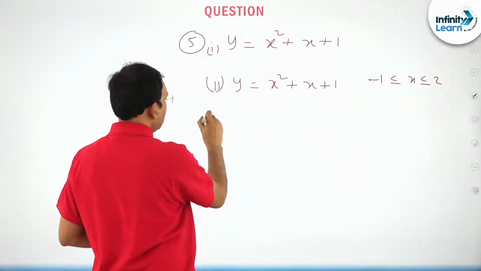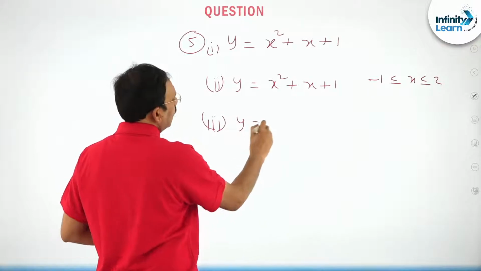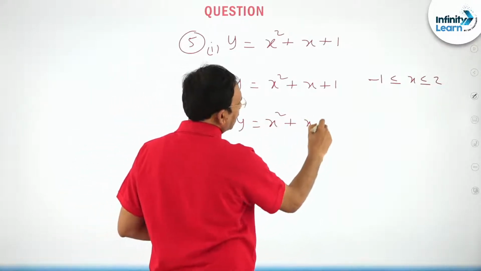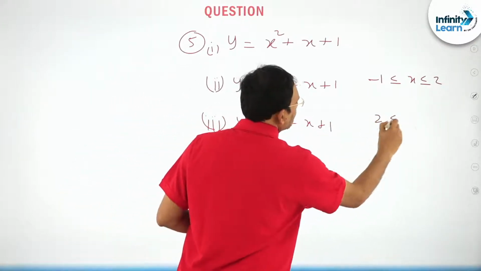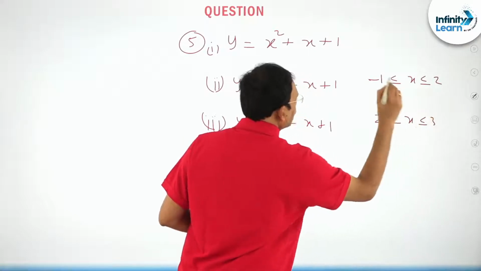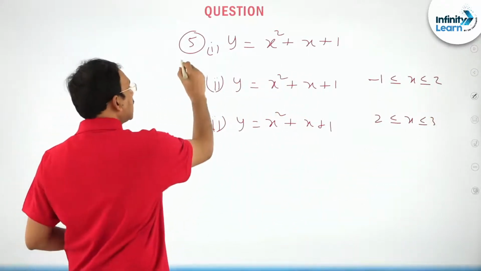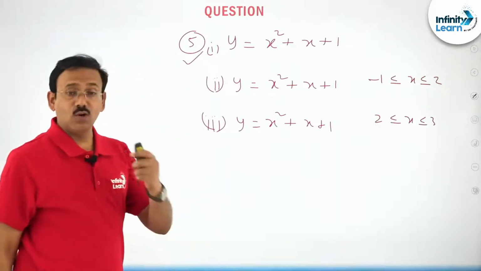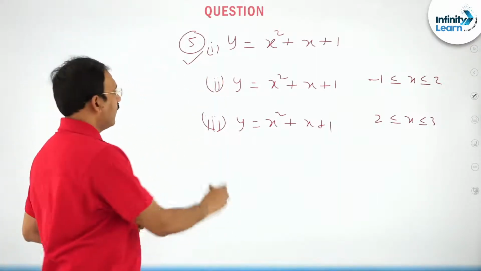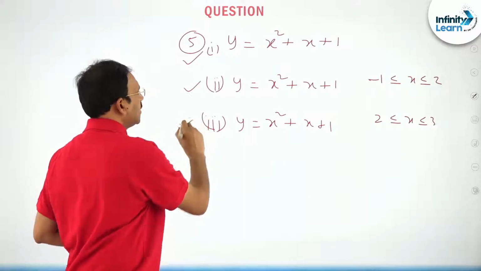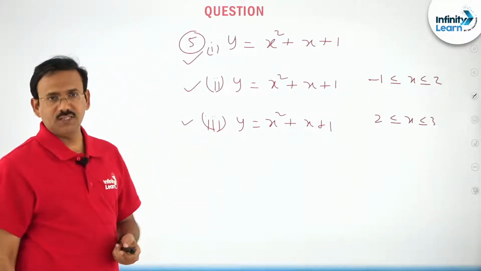Third question, y is equal to x square plus x plus 1 when 2 is less than or equal to x less than or equal to 3. So, there are 3 questions. It is a direct quadratic expression with no restriction on x, whereas here x is restricted. How to do in this case, friends?